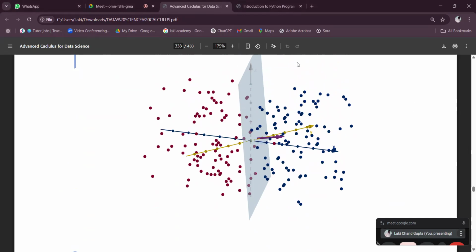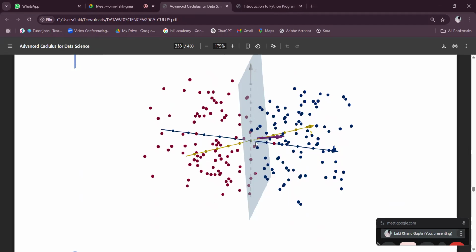And this rectangle is called the plane. So the left side of the plane is all red color balls, and the right side of the plane is blue color balls. And what does this yellow color represent? Equation of normal. Equation of normal is represented by yellow color.